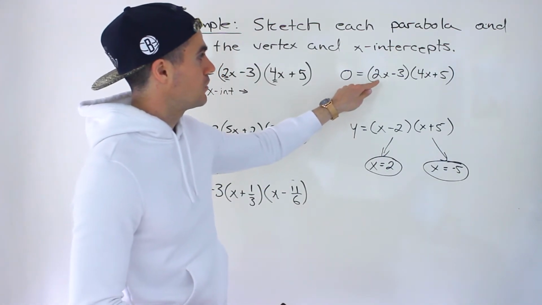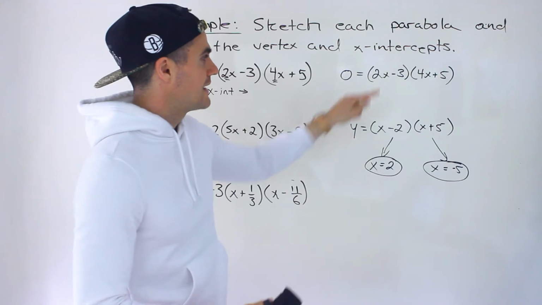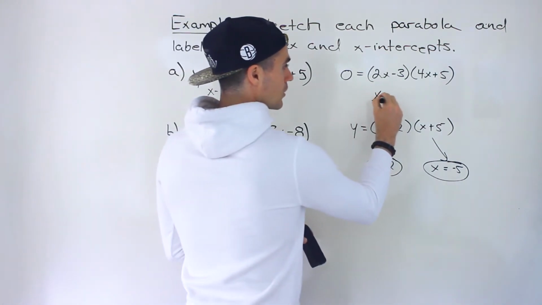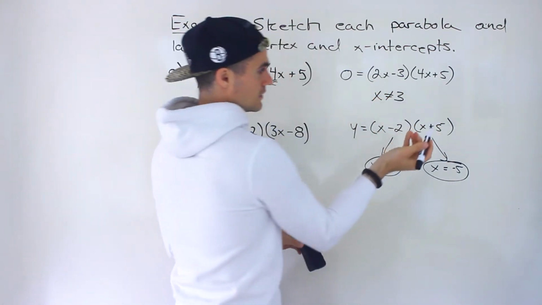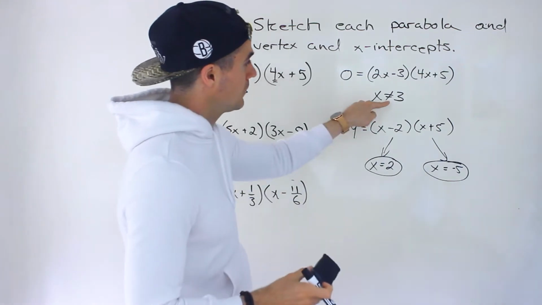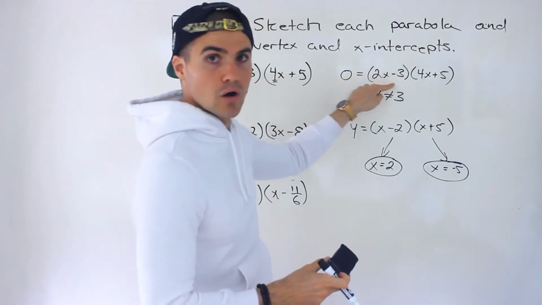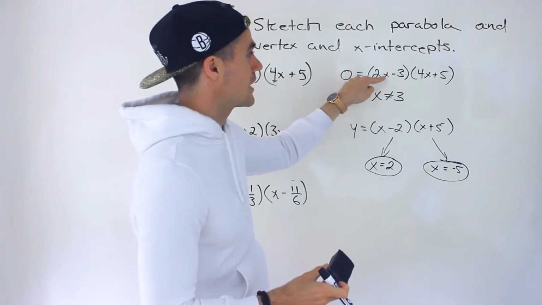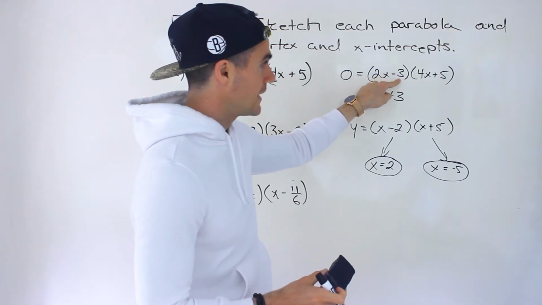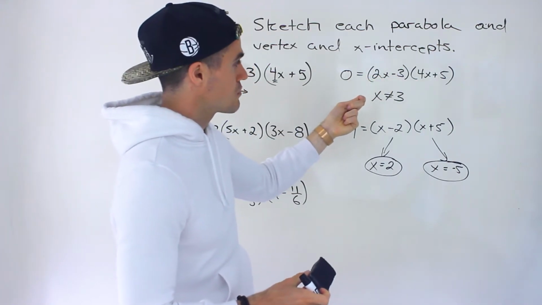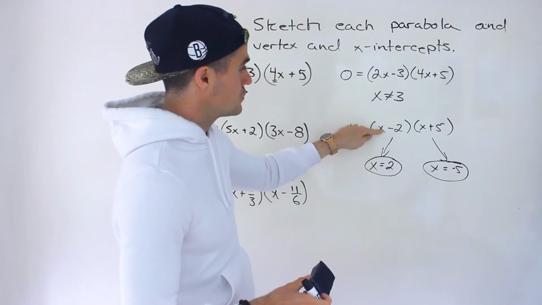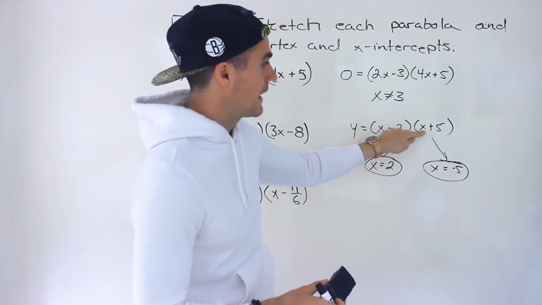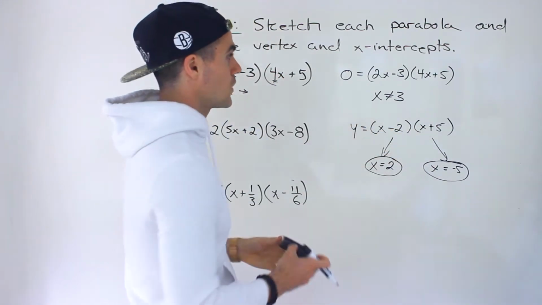So for example, in this bracket, the x-intercept is not going to be 3. Because if we plug in 3 over here, we wouldn't get 0 in this bracket. We'd get 2 times 3, which is 6, minus 3 would give us 3. Versus here, if we plug in 2, we get 0. Here, if we plug in -5, we get 0 as well.